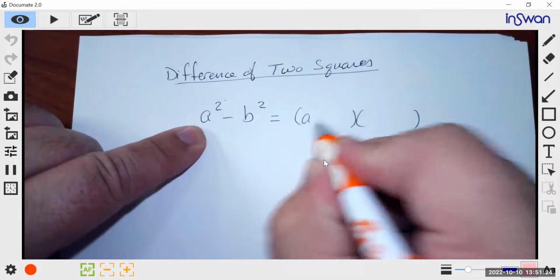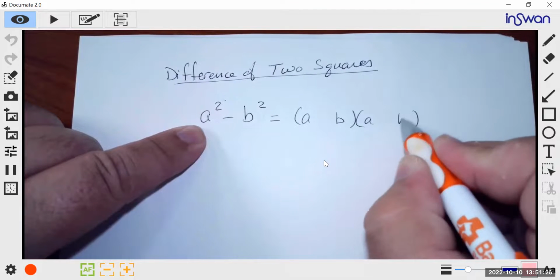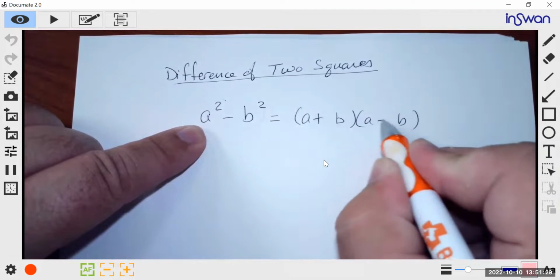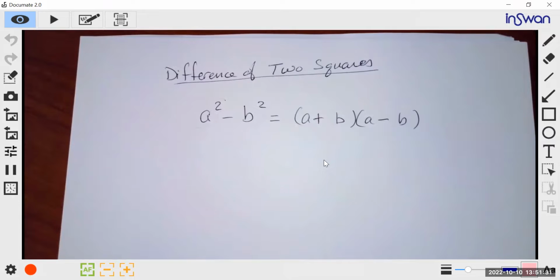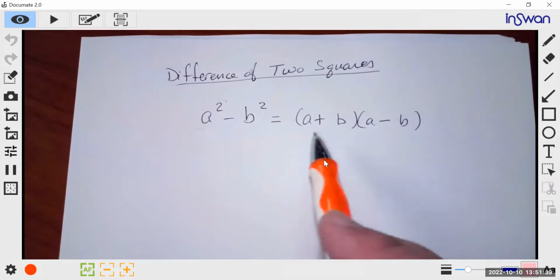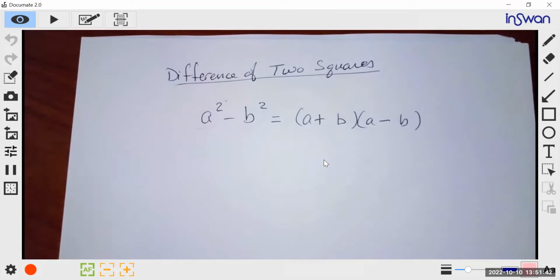in AB, AB, one's plus, one's minus. We talked about this when we did the conjugates, because the middle terms canceled, the i's, and when you square an i, it becomes a negative 1.